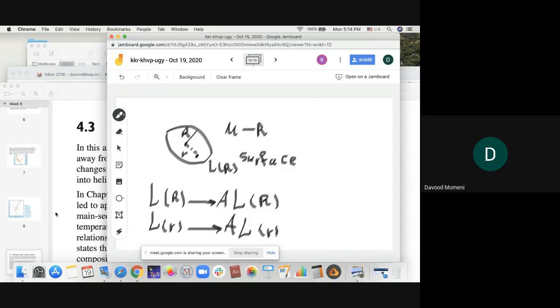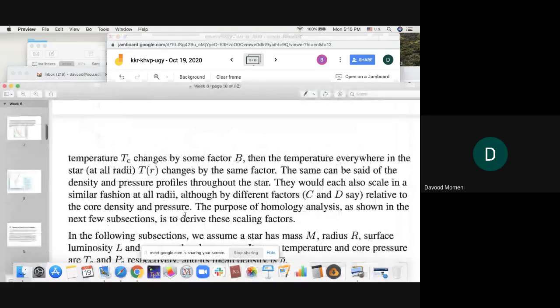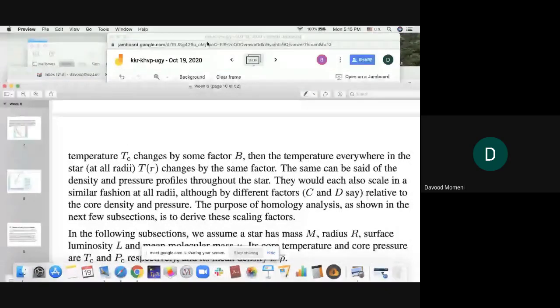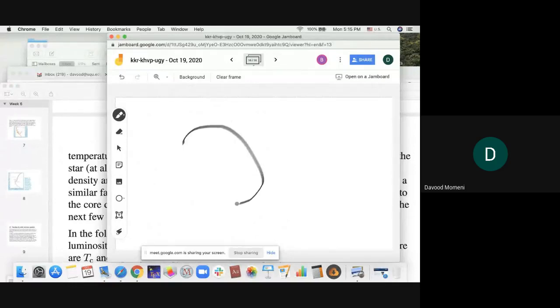Okay, if the surface becomes 100 times more luminous, then the luminosity inside the star, before the surface, will also change. Or from the other side, if the temperature of the core changes, for example, again say this is the star and this is the core.